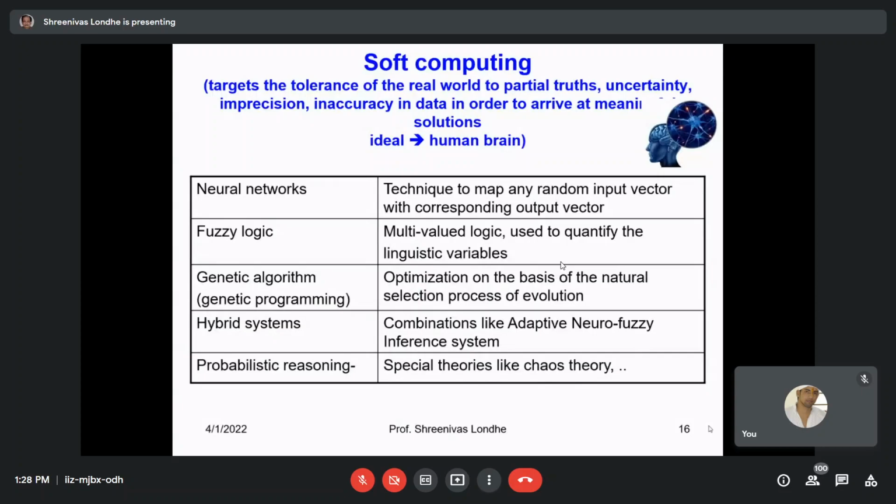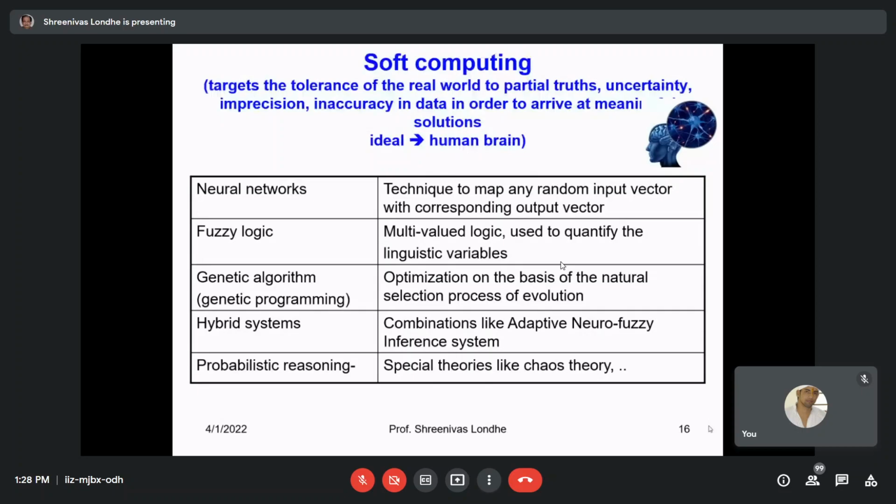So the human brain is completely soft towards the data. It has that particular tolerance, and then it is able to take decisions using the knowledge stored, earlier experiences. Likewise, soft computing also works with that. So what are the soft computing techniques?